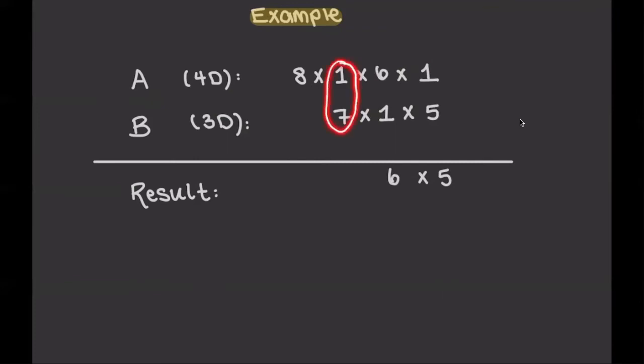Then 1 and 7: the 1 is going to get stretched to a 7. And remember, if there's a dimension that's missing, we just put a 1, and what's left over is going to be 8. So our result after doing our arithmetic operation, maybe addition or multiplication, is going to be an 8 by 7 by 6 by 5 array.